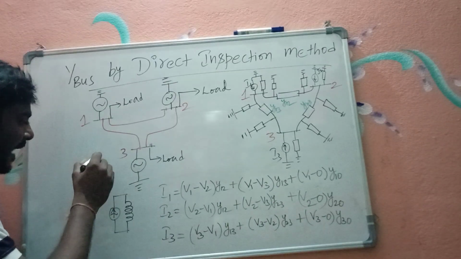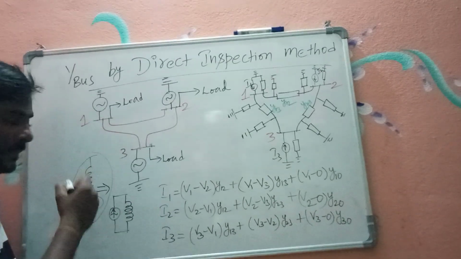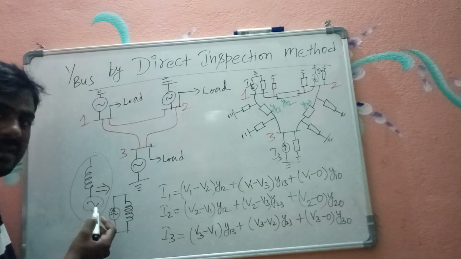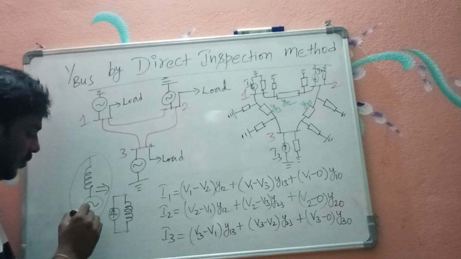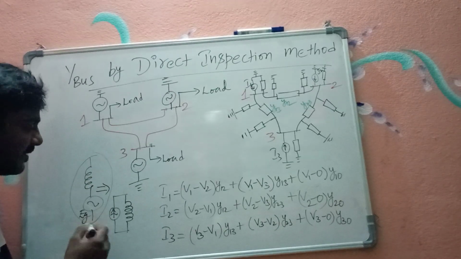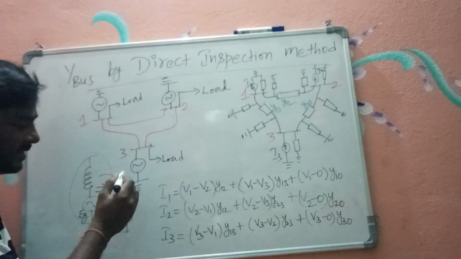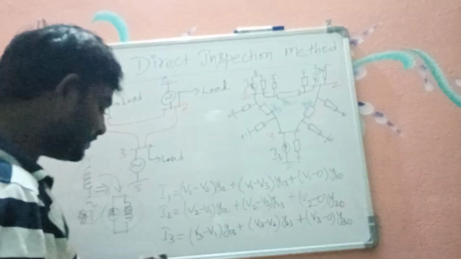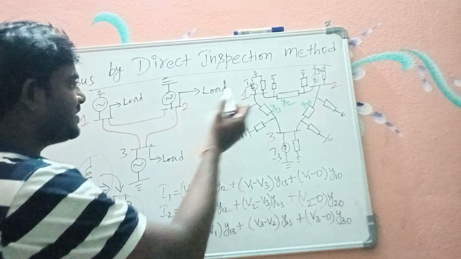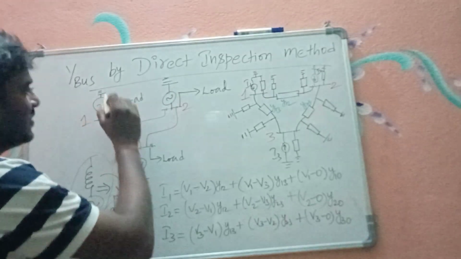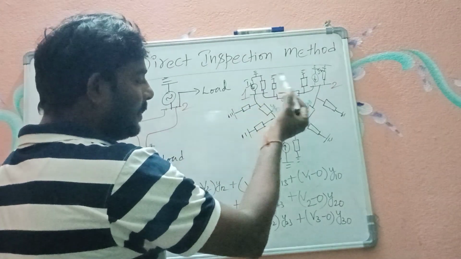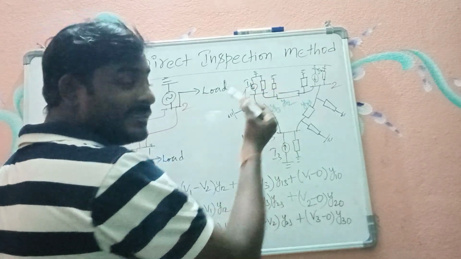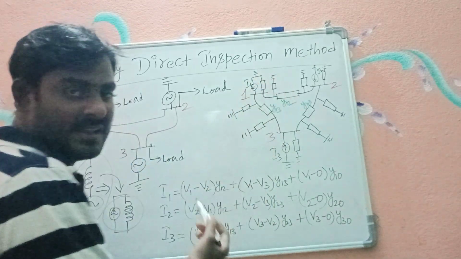So actually the generator is represented as a series combination of generated voltage and the impedance. Now I can replace this with a current source in parallel with the impedance, so that at each and every bus, in place of the generator, I can have the current source in parallel with some admittance.